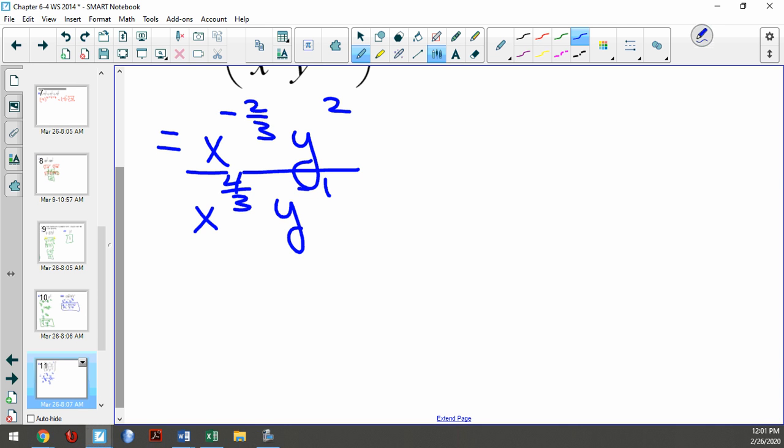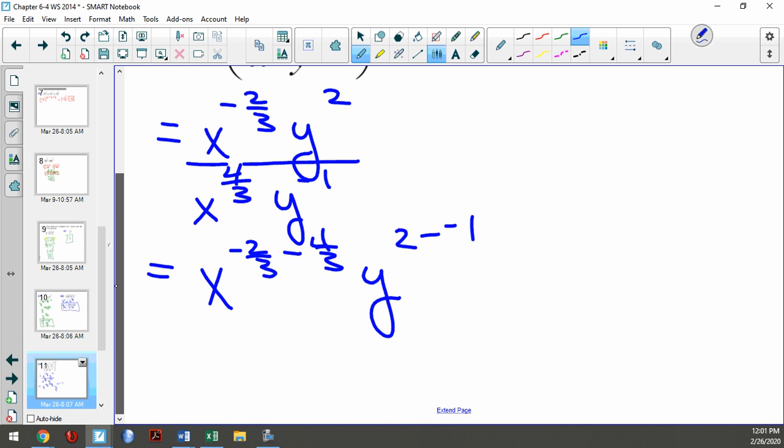Now, what do you do with your exponents on your x's? Subtract them. So that's x to the negative 2/3 minus 4/3. y to the 2 minus negative 1. Negative 2 minus 4 is negative 6/3.